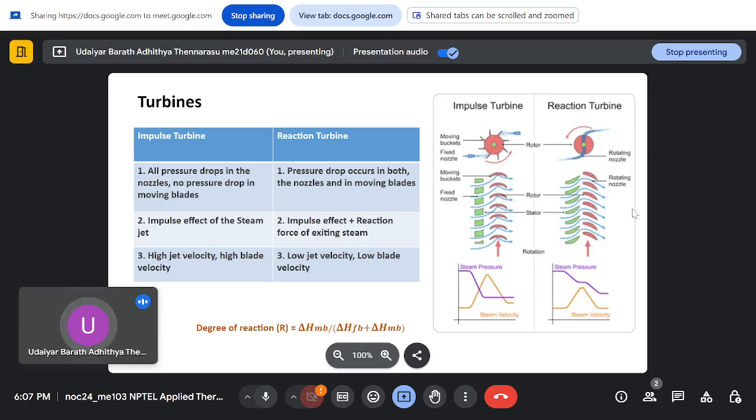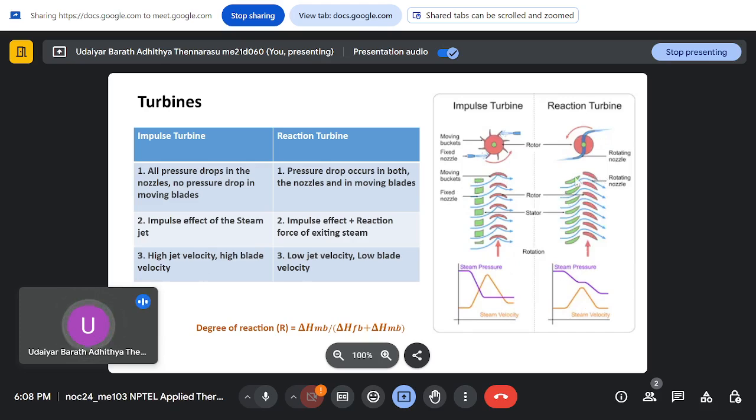So if you see, the driving force is the impulse effect of the steam jet, which is driving the impulse turbine. But in case of reaction turbine, you have both impulse effect and the reaction force, which is driving the reaction turbine.